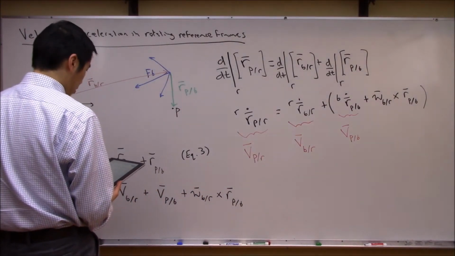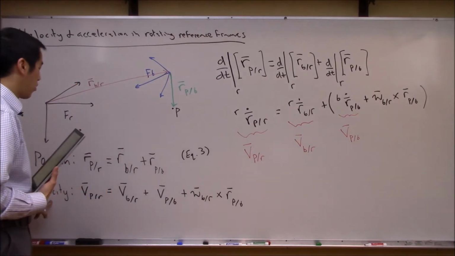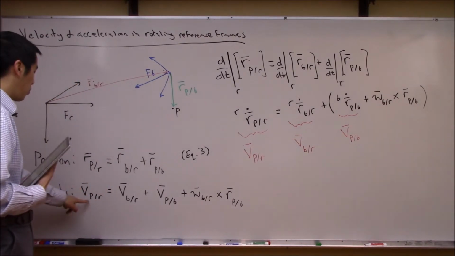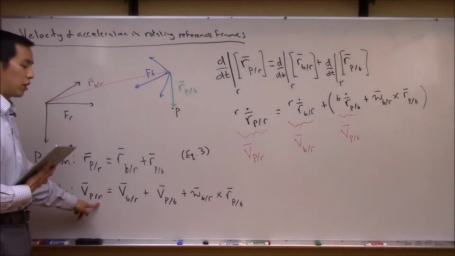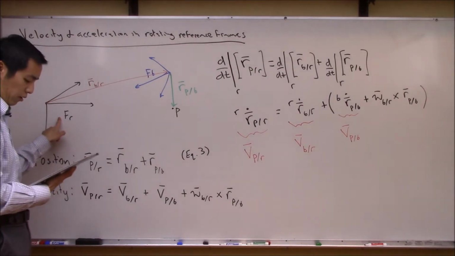Omega B R, yes, perfect. So here's our expression for velocity of point P with respect to an observer on the inertial or reference frame.